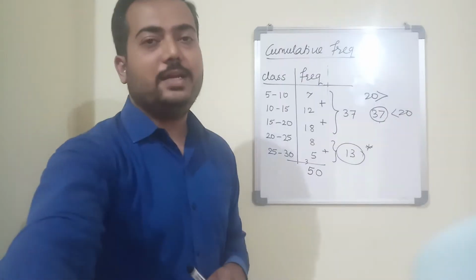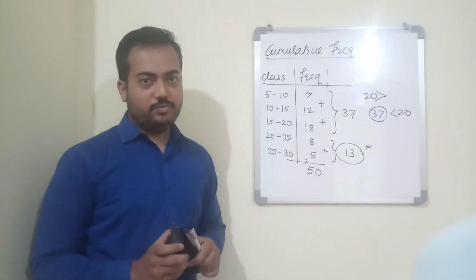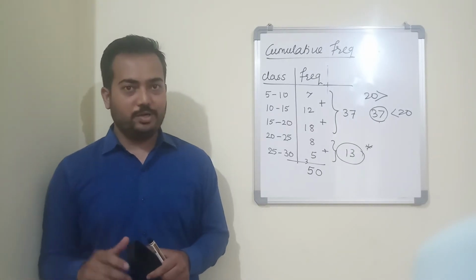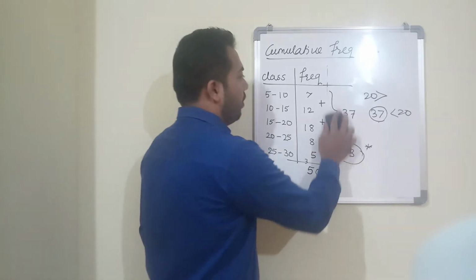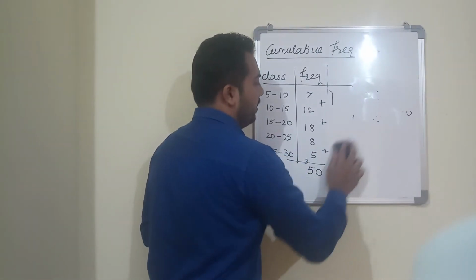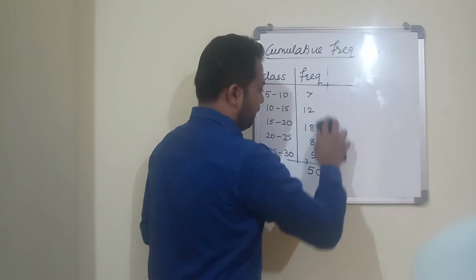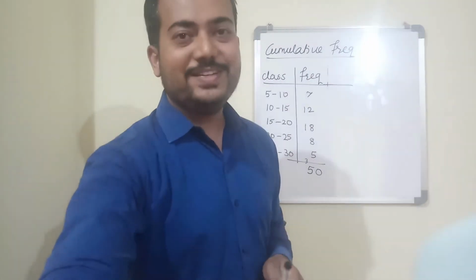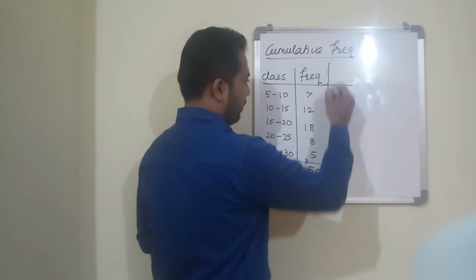So basically there are two types of cumulative frequency: less than cumulative frequency and more than cumulative frequency. For this entire distribution I can have both kinds of frequencies.